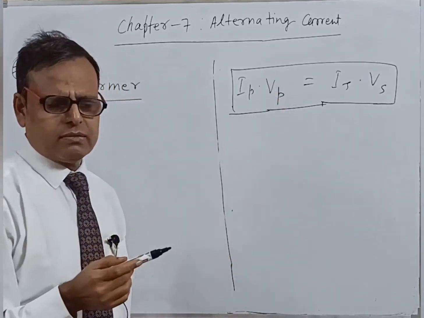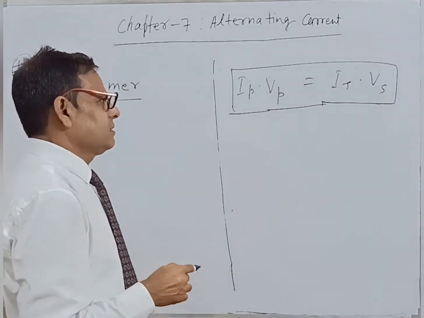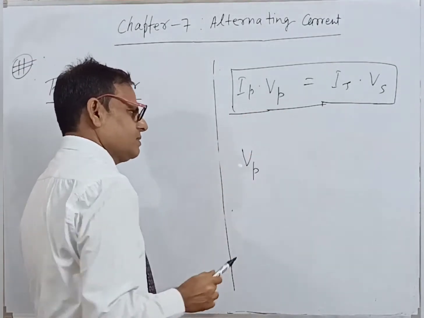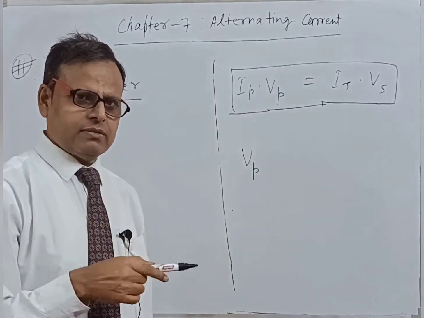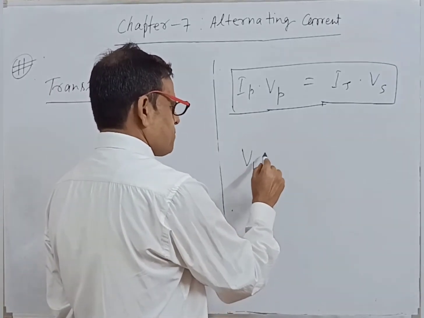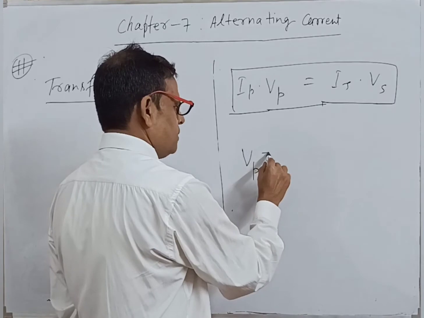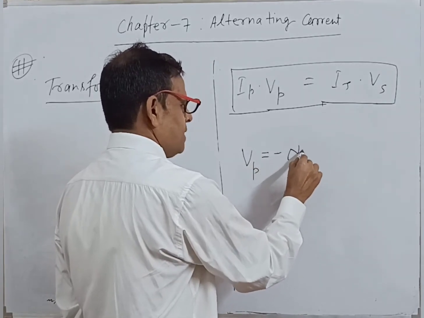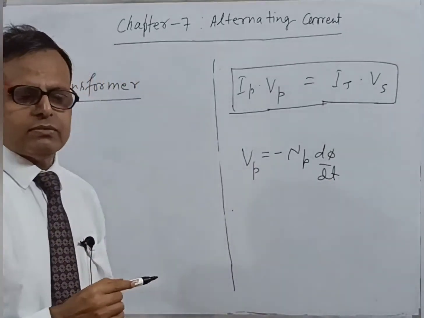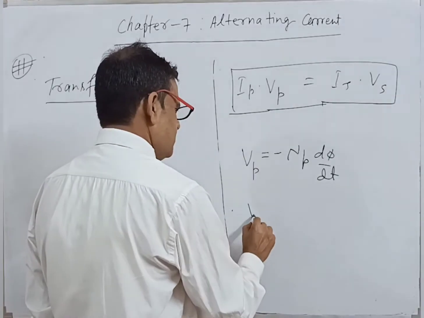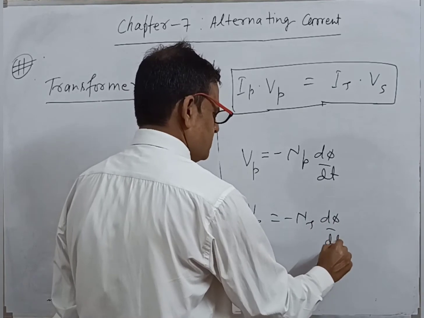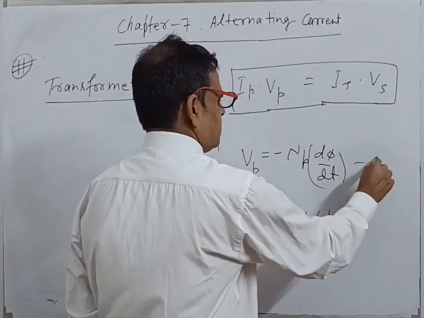The induced voltage across primary, that is VP here, because induced voltage and the voltage across primary both are the same. VP is equal to minus Np d phi by dt. We know very well. And similarly, VS is equal to minus Ns, number of turns, d phi by dt. The rate of change of flux is equal in both. Equation 1, equation 2.